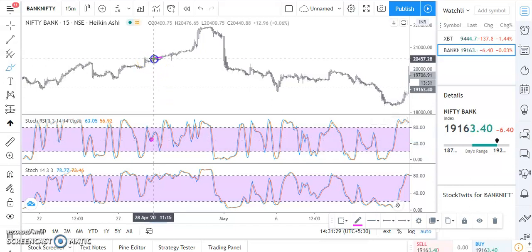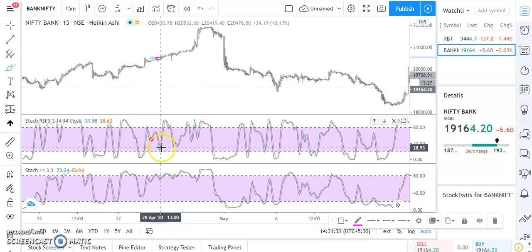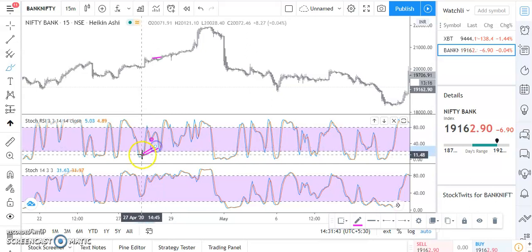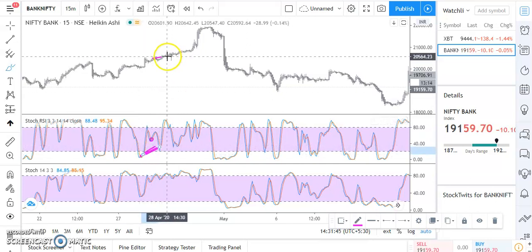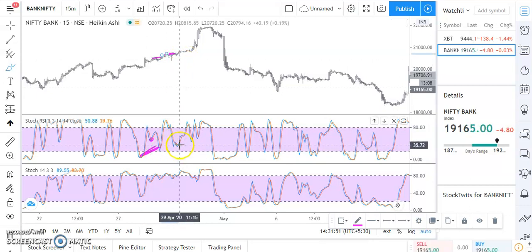Now the stochastic made a higher high, meaning the crossover happened just above the previous crossover. If you find this kind of pattern, the momentum is strong and the stock will rise. This particular crossover happened above this.